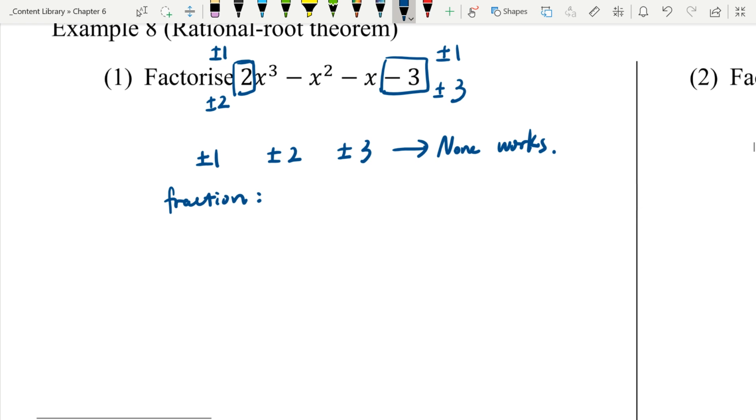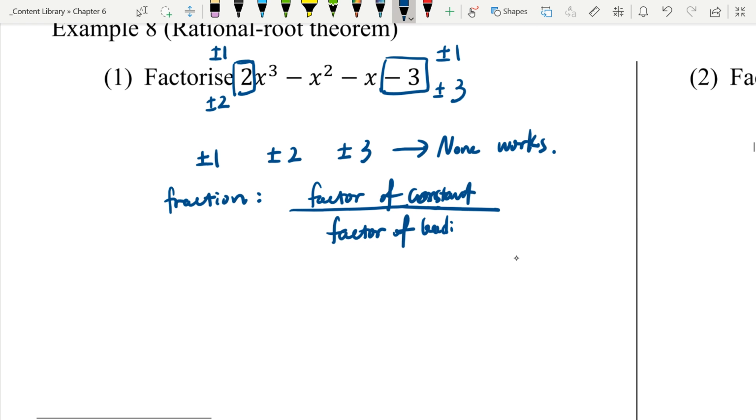So what's the fraction? It's the factor of the constant over the factor of the leading term. So this is the fraction I can create. What other values can you create?